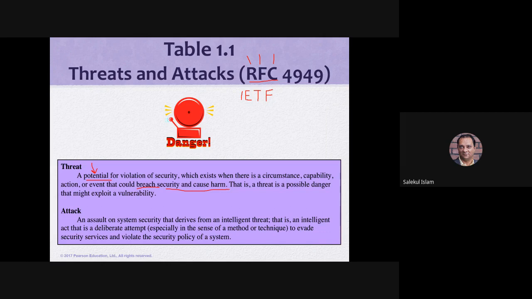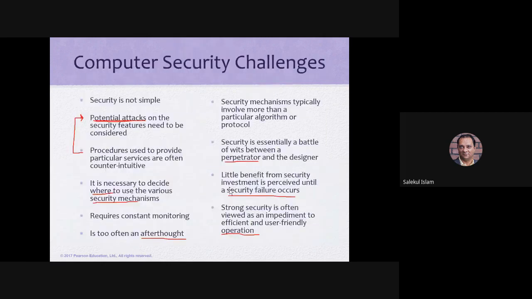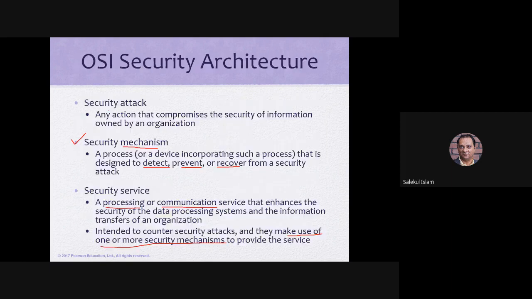Here we said previously that you have to find out the potential attacks, right? Potential attack means you have to identify the threats of your system. If you can identify the threats, then you can address those threats.